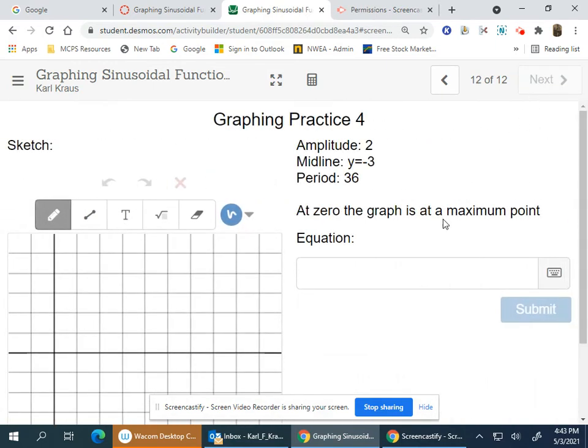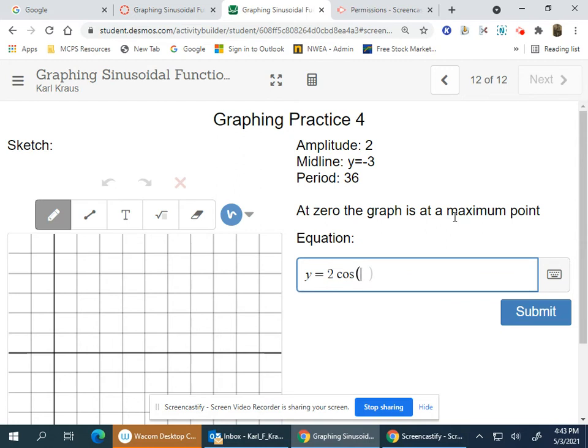And then the last slide, at 0, the graph's at a maximum, so that would be cosine. So 2 cosine. 360 divided by 36 is 10x. 10, and then put an x beside it, I should say.